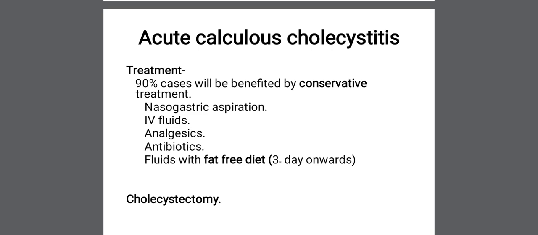So the non-operative treatment, that is conservative treatment, is nasogastric aspiration, and you have to start with nasogastric aspiration and IV fluids. You have to give analgesics to relieve the pain. As there is infection, the temperature is increased, and there is neutrophilia, then you have to start antibiotics.